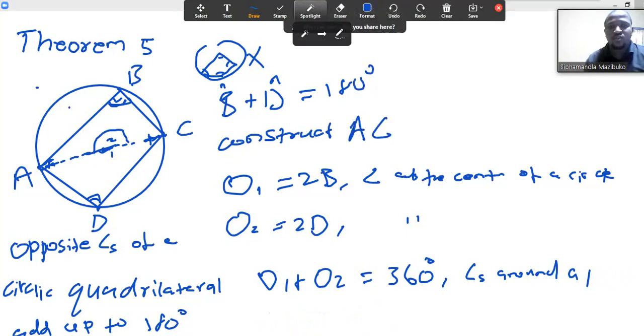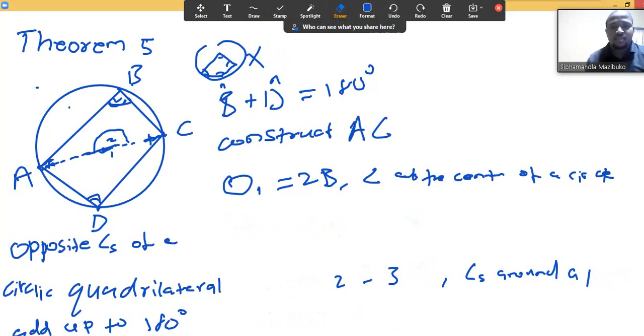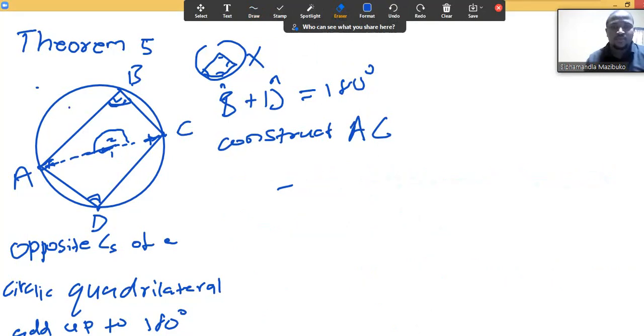So it's done, but this is another option of how you can do it. You're still constructing the line AC. So what can we do here?